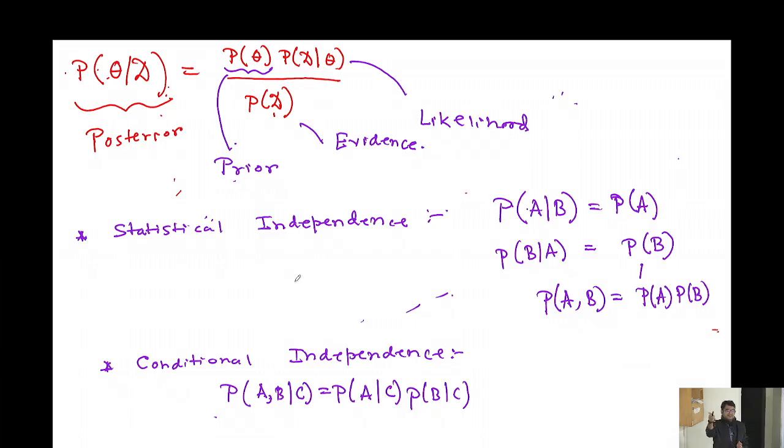Whenever ice cream sale increases, shark attack increases. Whenever ice cream sale reduces, shark attack reduces. So apparently, if you find out these two data and somehow calculate the probability, you will find them to be dependent. Although they are actually correlated, not dependent. But if you find this probability, you will find them to be dependent.